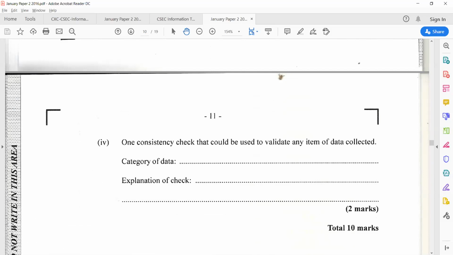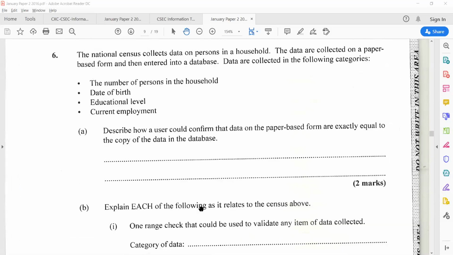What about consistency check? Right, what category of data could you do a consistency check on? Now, the consistency check could be the educational level.